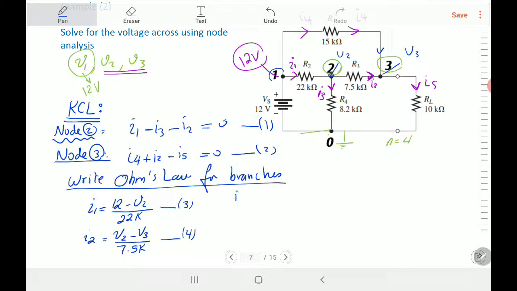Next it will be I3. Where is I3? Okay, that's I3. V2 minus 0, because the voltage at the reference node is always equal to 0. So it would be V2 minus 0, or V2 over 8.2 kilo. That's equation number 5. I4.